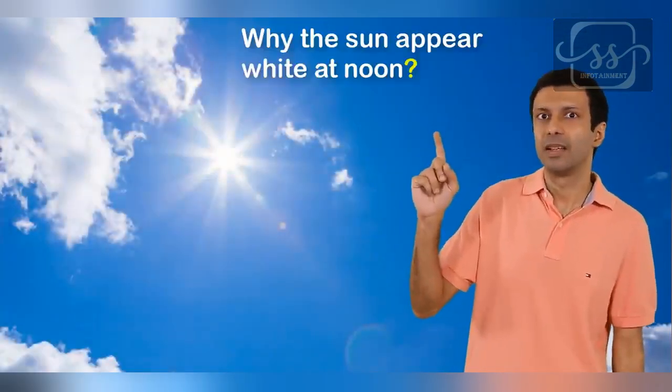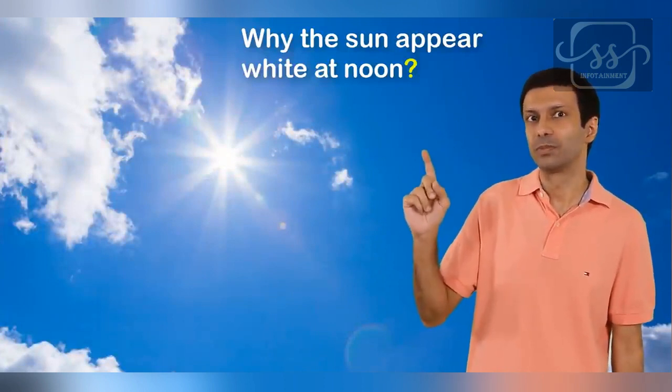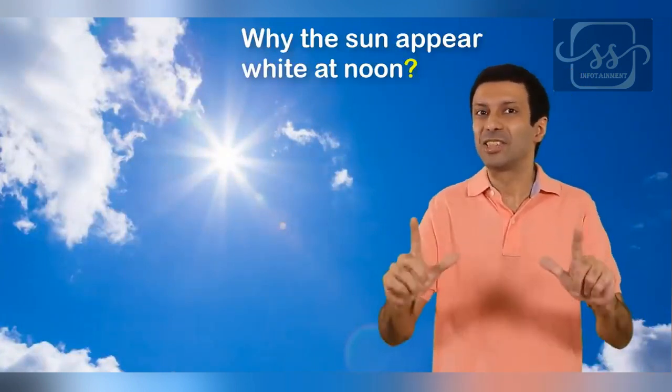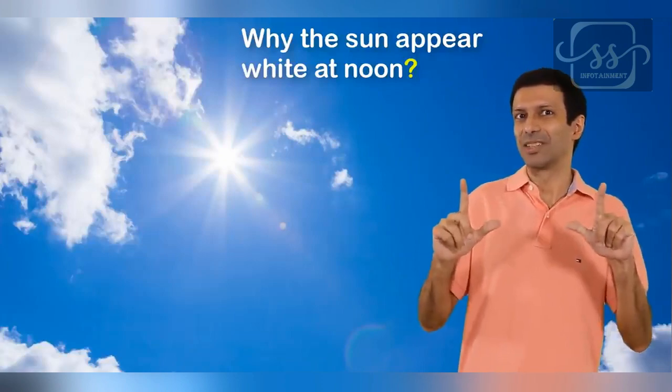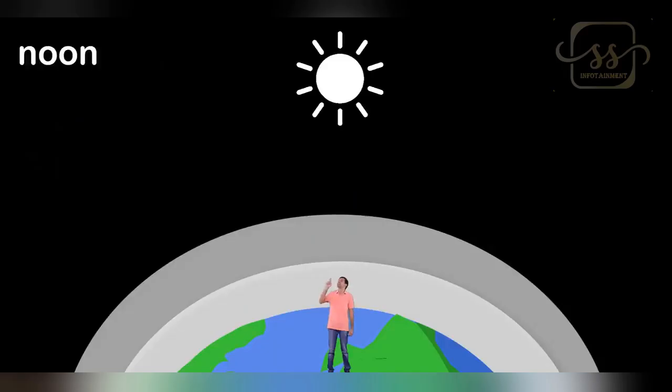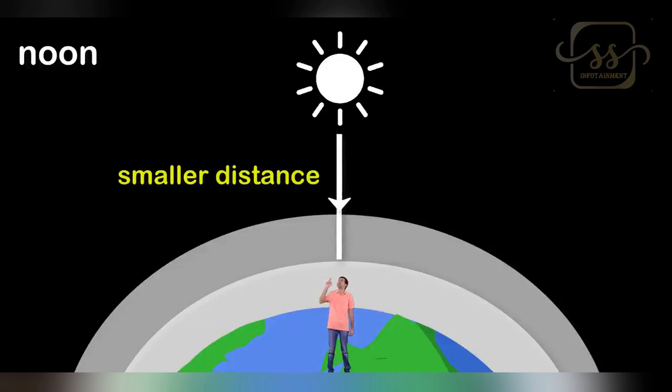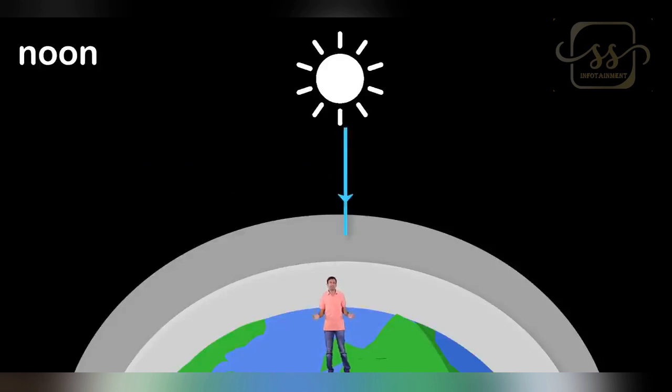Now, why do you think the sun appears white to us when it is above us? Let's say at noon. Once again, let's zoom out and take a look. As you can see, at noon, the sunlight has to travel through a much smaller distance in the atmosphere to reach our eyes. Again, blue color is scattered the most, green color is scattered less, and red color is scattered the least.